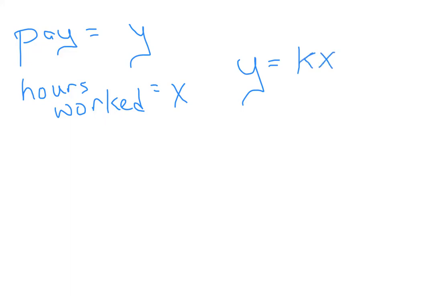So right there is our very basis. But you notice in part A, it says relates to paycheck P. So that means they're telling me what my letters are. So I'm going to replace. It's not telling me about the H or the hours worked, so I'm going to leave it as X.